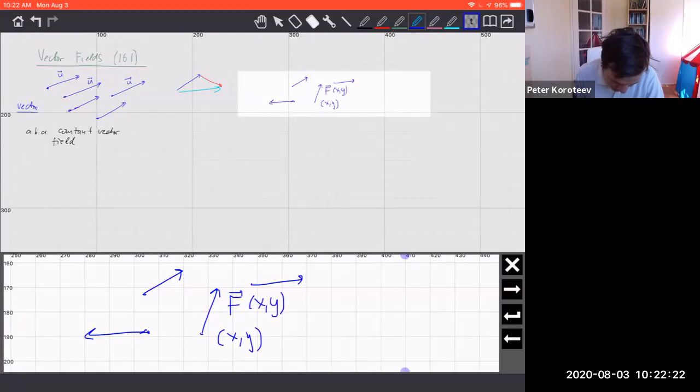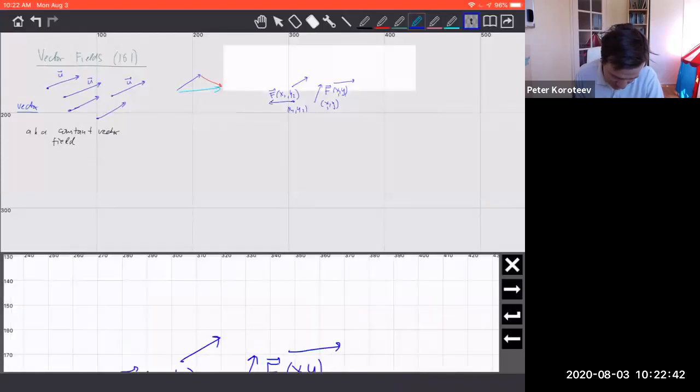And every point has a unique vector. Say this is x1, y1, and this is x2, y2, and then we have f of x2, y2. So here f will be a vector function.